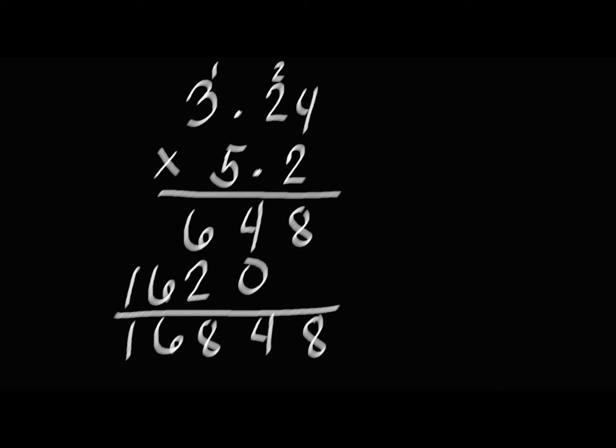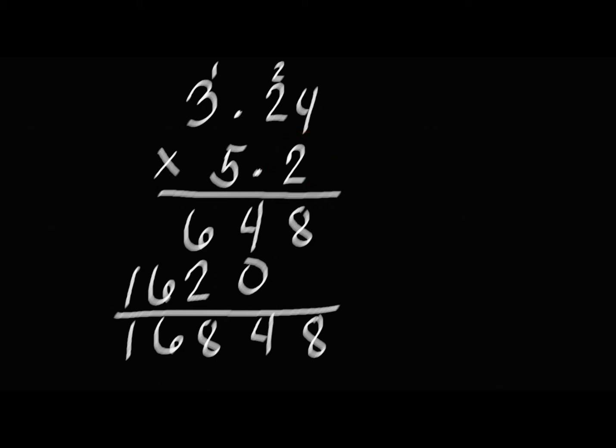Then, to affix our decimal point, we should count how many decimal places we have in our factors. In our multiplicand, we have 2 decimal places. We have 2 and 4. There are 2 of them. And in our multiplier, we have 1. We have 3 in total.